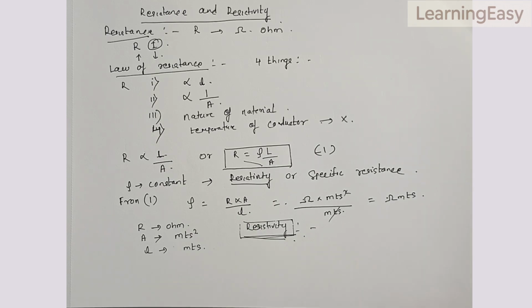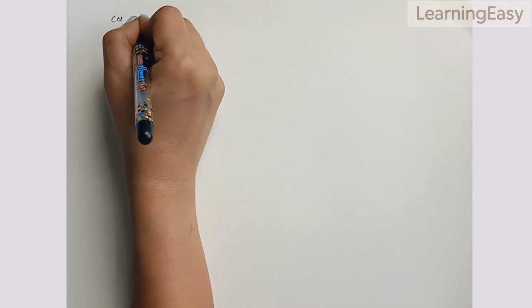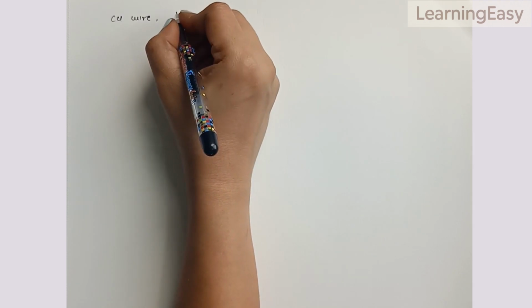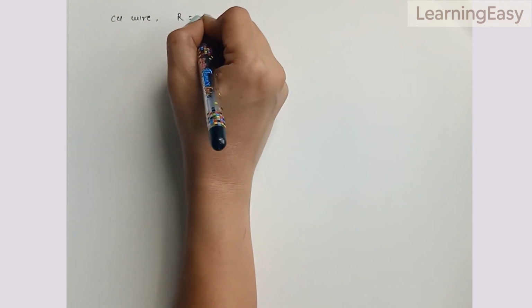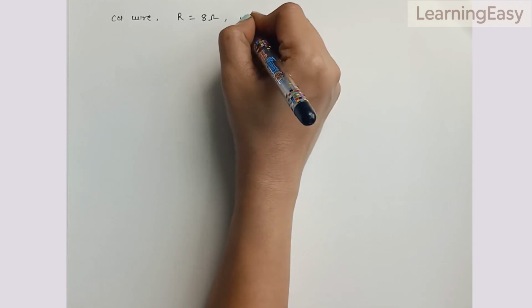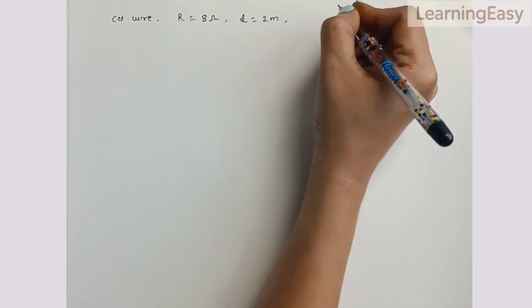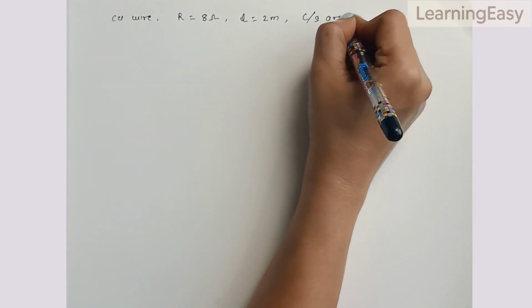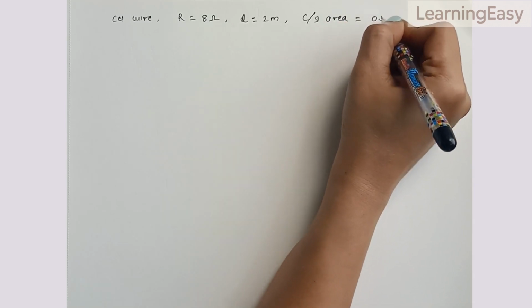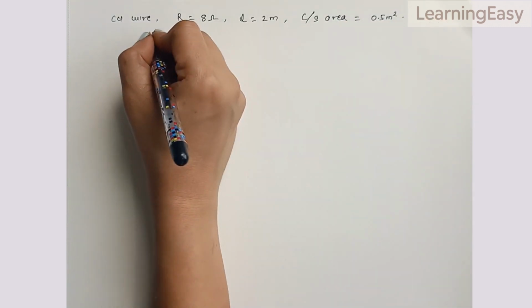Let us try to understand resistance and resistivity with the help of a numerical problem. We have a copper wire having resistance of 8 ohm, length equal to 2 meter, and cross-sectional area equal to 0.5 meter square.